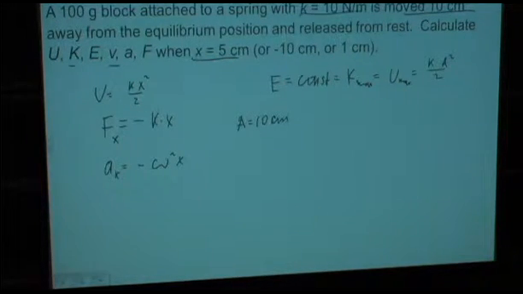So if we want to calculate now kinetic energy, we can do it using this. Kinetic energy will be equal to total energy minus potential energy. I think I've said it like 6 times now.